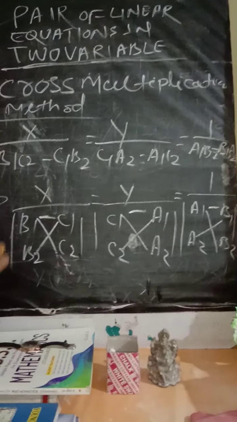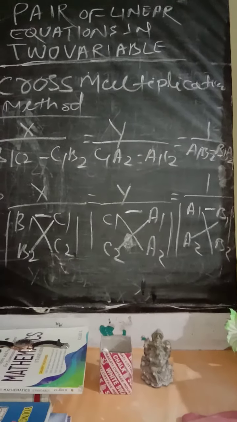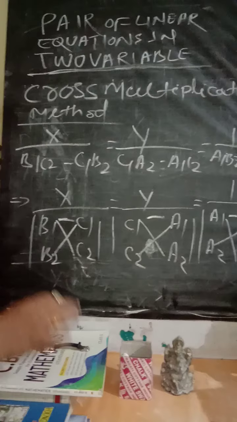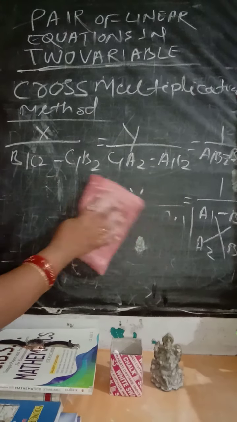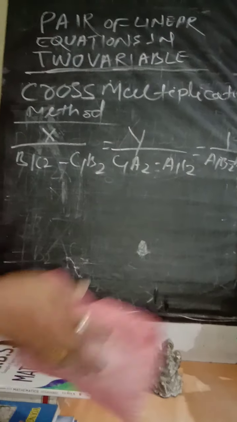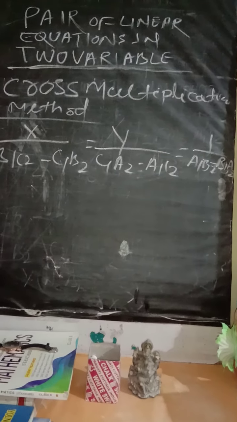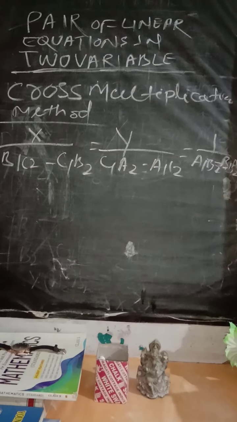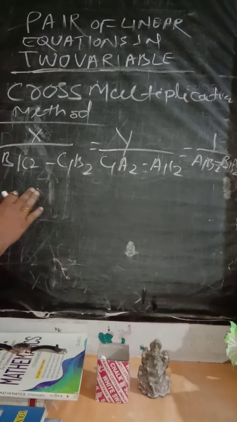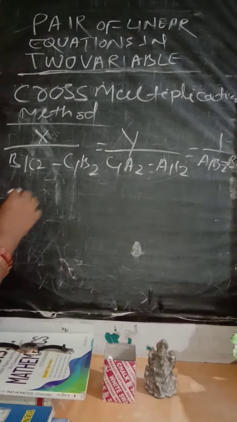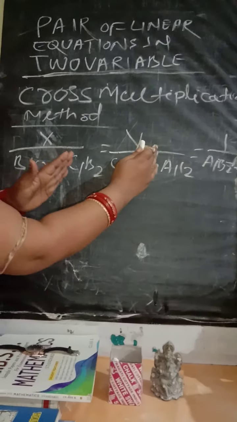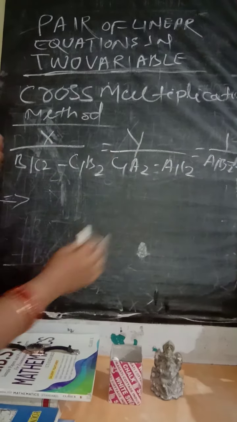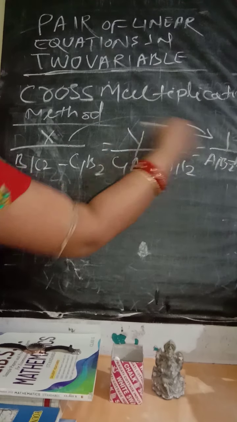One thing to keep in mind: when you solve these questions, a, b, c will be in cyclic order. Then I will tell you what cyclic order is. So first we will solve this. This equal to this equal to this. That means this equal to this.